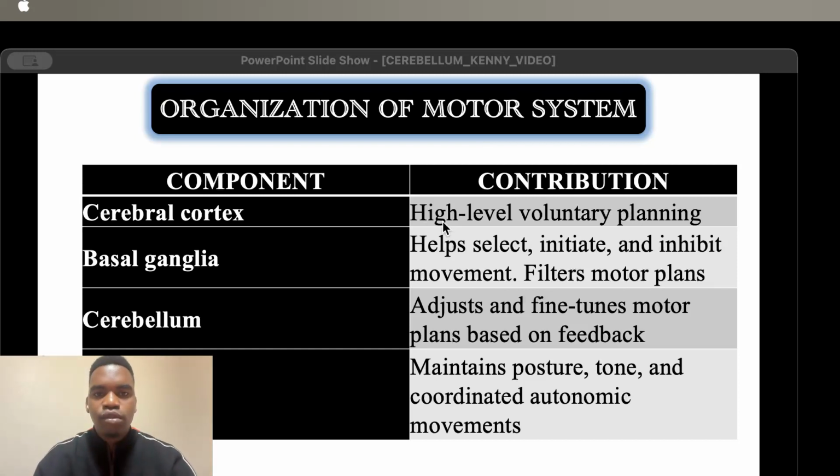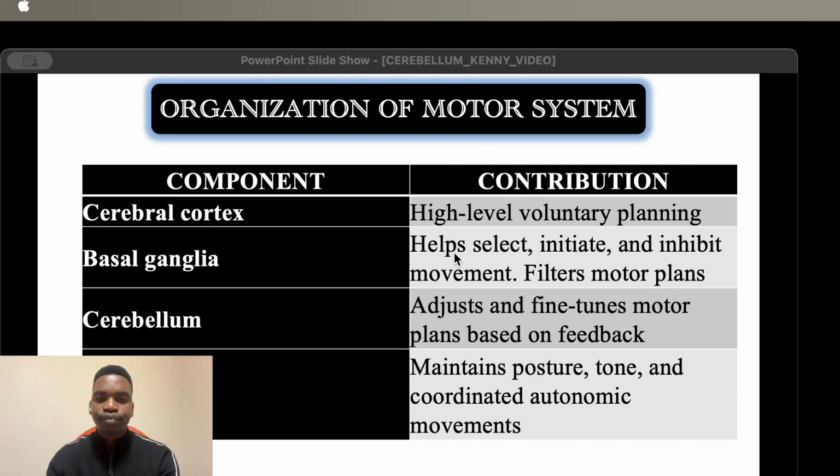So the higher level of voluntary planning, that is cerebral cortex. And the basal ganglia, as we've said, embeds the codes that were given by the cerebral cortex, and then it produces the movement that corresponds to the codes, or corresponds to the order that was given by the cerebral cortex.